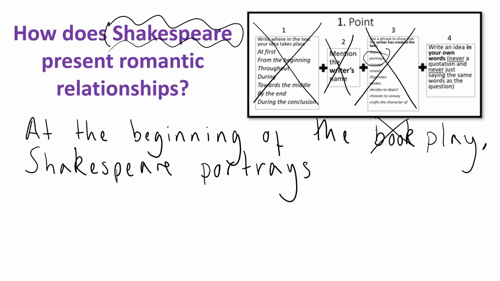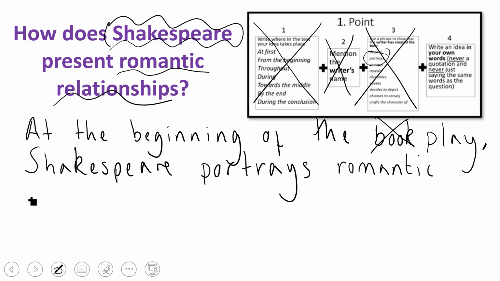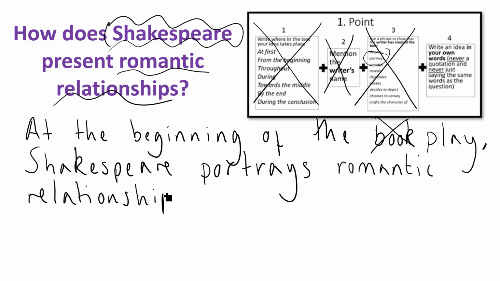And now, most importantly, I need to write an idea in my own words to answer the question. So the question is asking me to talk about romantic relationships. So portrays romantic relationships as, and then I need to think of an idea in my own words.